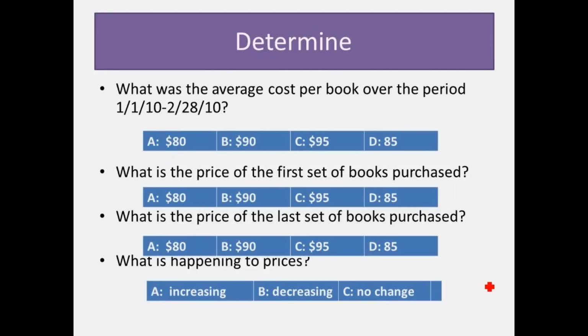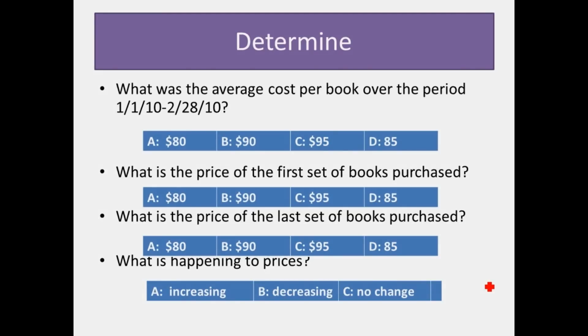What is the price of the first set of books that you purchased? Okay, 80. So when you think about first in, first out, if you were to sell just 100 books, you wouldn't literally be selling the ones that cost $80, but you would be selling, from an accounting perspective, the ones that cost you $80.